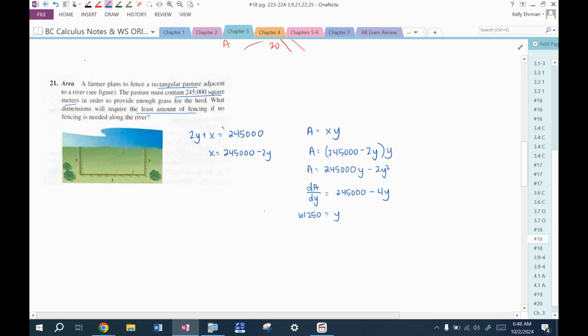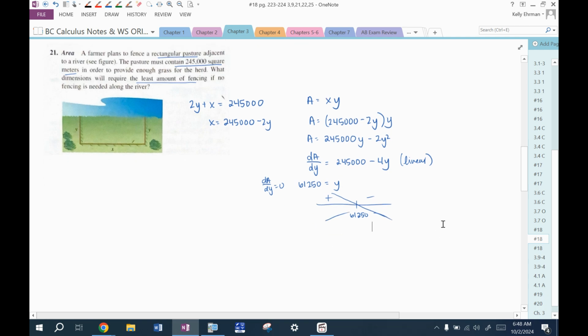And I should have said something like this is when dA/dy equals 0. Okay, so I got that. And then if I put this on a number line, 61,250, yet again, we have another linear because we keep getting quadratic, so derivatives are linear. It's got a negative slope, so positive, negative, increasing, decreasing.